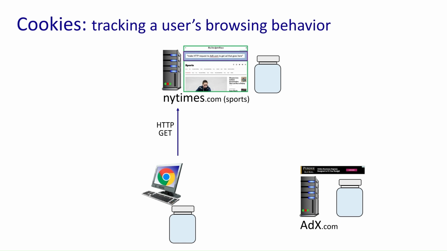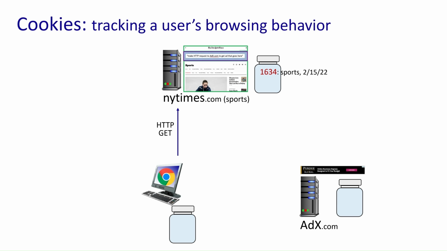The web server will make an entry in this backend database. Let's say I'm exploring sports on New York Times. So I have accessed the sports page on NewYorkTimes.com to see the outcome of last night's UEFA Champions League matches.